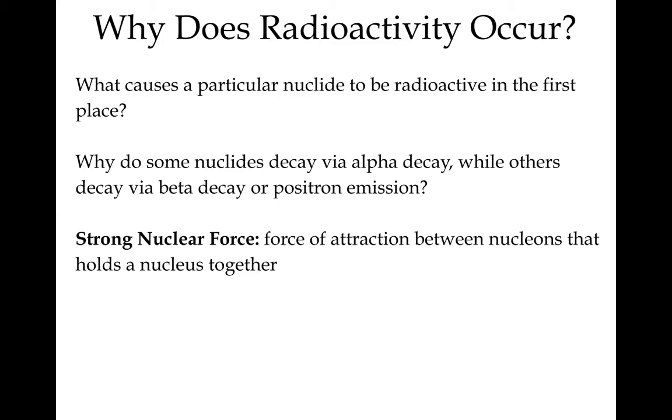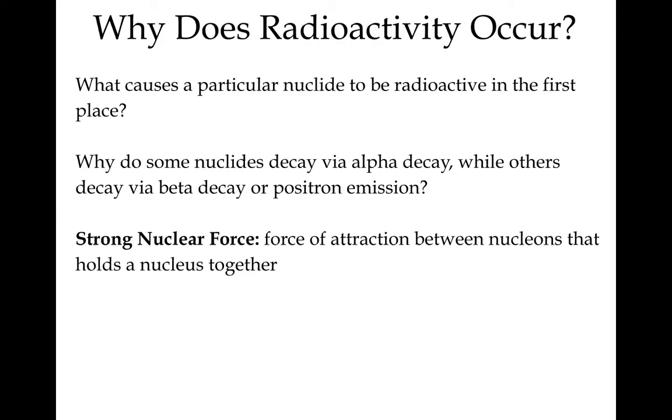And the answers to these questions aren't simple, right? We can get a basic idea, however, of the factors that influence whether or not a nucleus is stable, and what kind of decay it is going to undergo, by understanding a little bit about the nucleus in general.